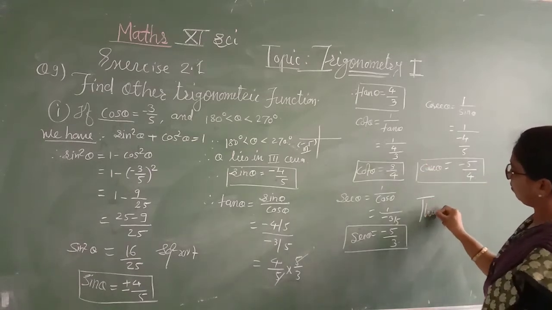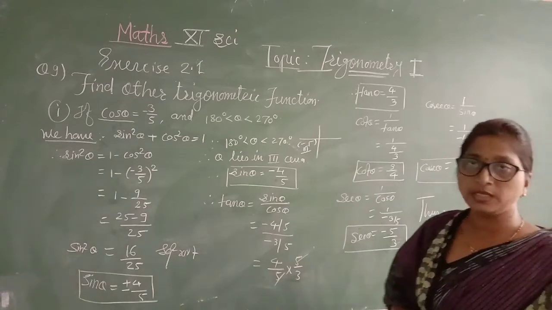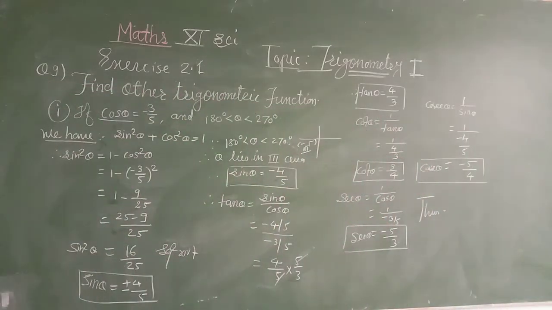And lastly we will write this. So it is a very simple question. Cos theta is equal to minus 3 by 5 is given, and by using the basic identity sin square theta plus cos square theta is equal to 1, we get sin theta plus minus 4 by 5. But theta lies in third quadrant, and in third quadrant cos theta and sin theta are both negative.